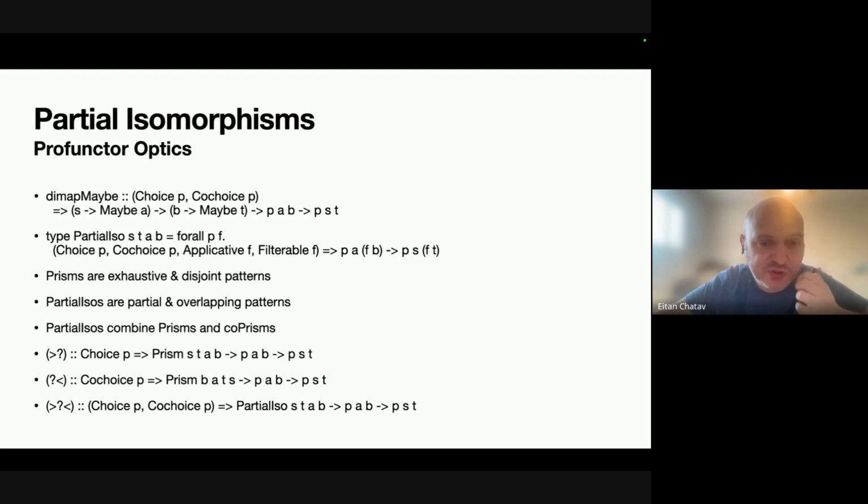And so just as we said that the profunctor representation of prisms is choice, the profunctor representation of coprisms is co-choice. And when we combine prisms with coprisms and require that they're both subsets of our optic, then we get partial isomorphisms. So partial isomorphisms are just prisms completed such that they're now invertible.